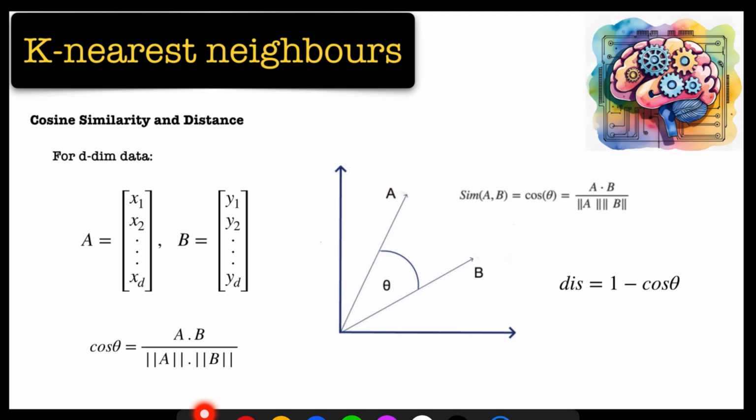These two are vectors and cos theta is the similarity between them, which is the dot product of A and B divided by the norm of A multiplied by the norm of B. The distance between these two vectors will be 1 minus cos theta. There are other distance metrics like Hamming distance, Mahalanobis distance and so on. For different types of data sets, we can use different types of distance metrics.